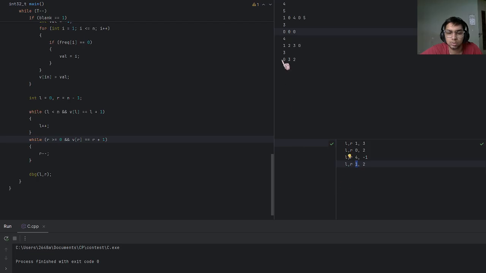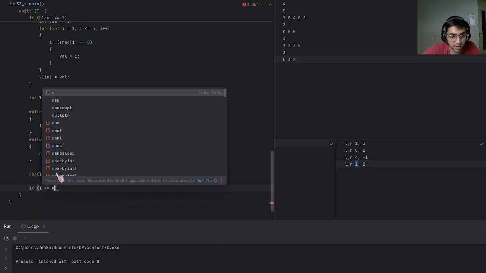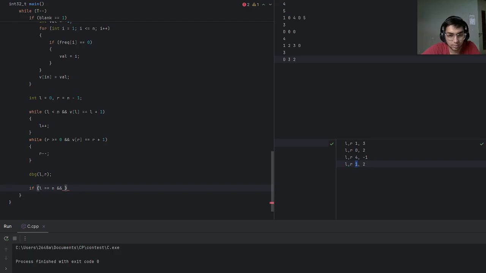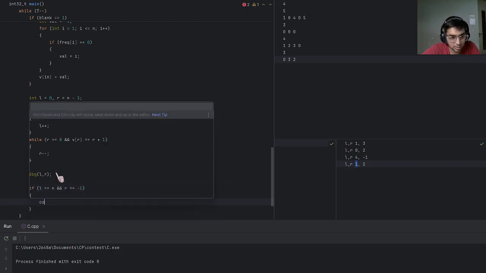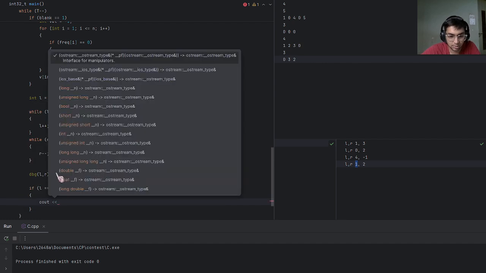So zero there. No, no, this is correct. Okay, so one place is correct actually. Oh, yes. So basically, if L is N and R is minus one, then we have reached.